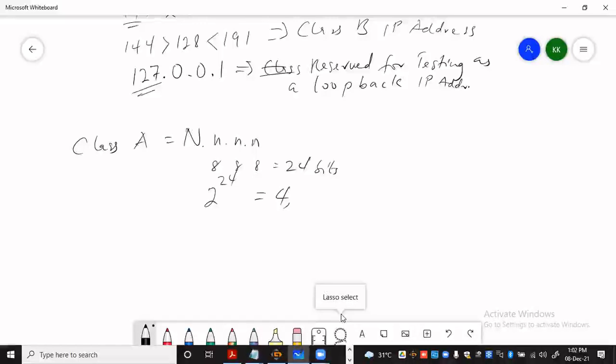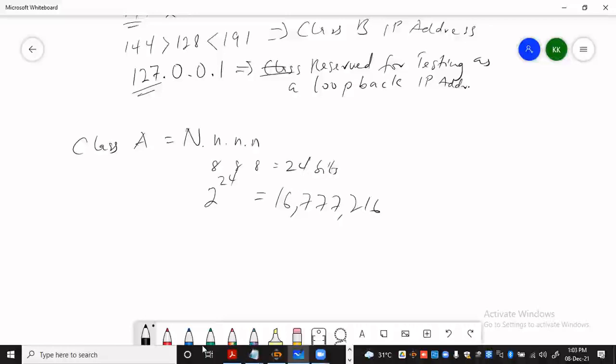Let me check. 2 raised to the power 24 is not 4 billion. Sorry, it's 16 million. It's 2 raised to the power 32 that gives you 4 billion. So 2 raised to the power 24 is 16,777,216.